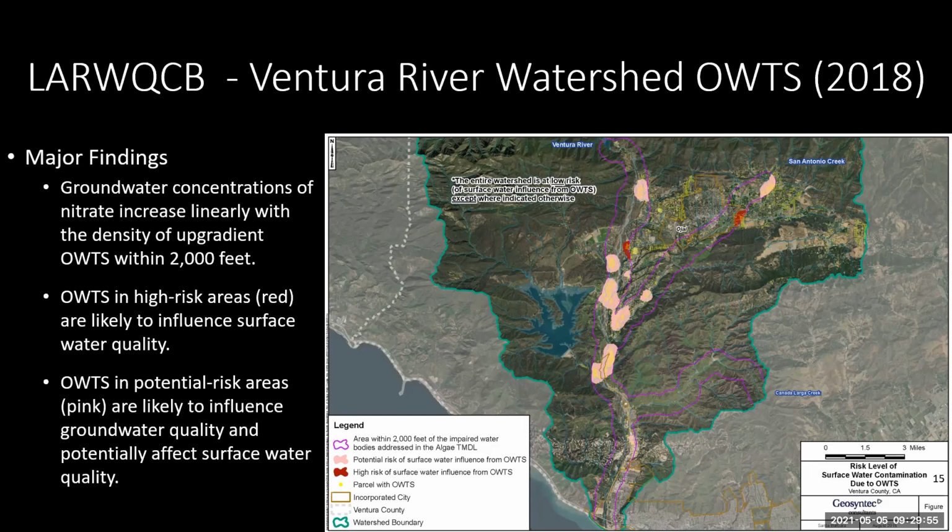So you might look at the figure here as a work in progress, and new information will hopefully improve this information so that we can do a better job of defining exactly which septic areas are most influential over nutrients and algae in surface waters. So I would say maybe hold off on action items unless the regional board says otherwise. They're the ones who run the TMDL and the implementation plan. And hopefully this project will help to improve what the implementation actions should be.